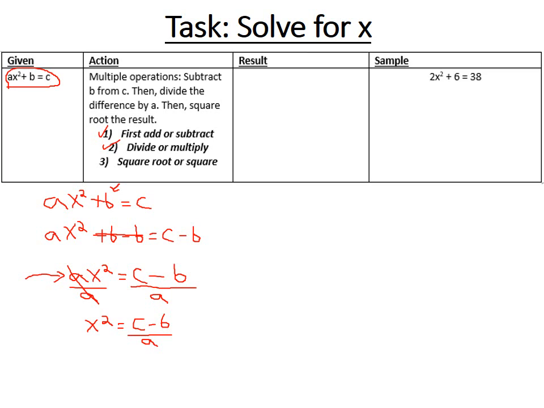Now our last step is to do the opposite of what a square is. So we have to square root. So we're going to do square root of x squared is equal to square root of this entire thing here. So put square root around the entire c minus b over a.